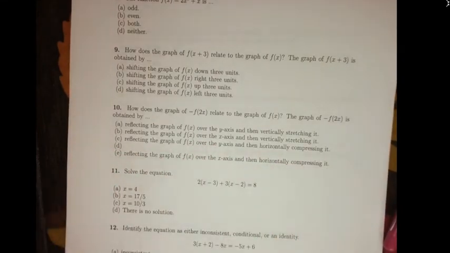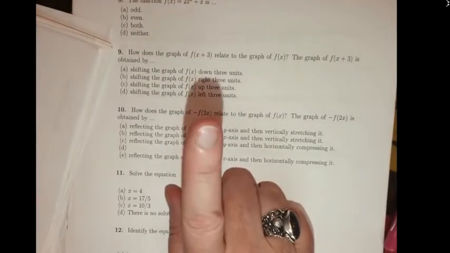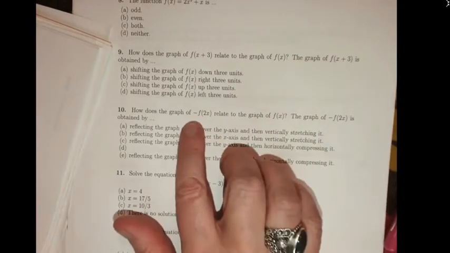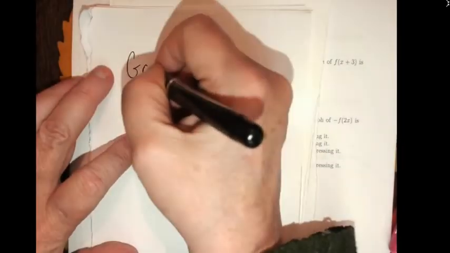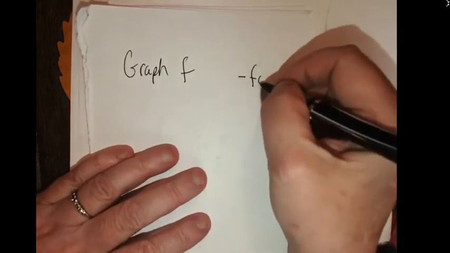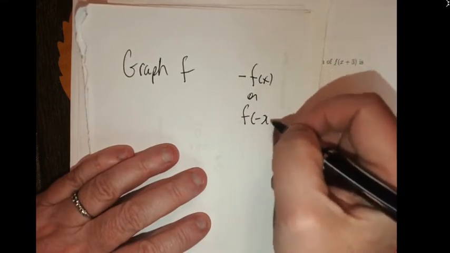Now, on yours, they give you a graph, and only one of these is going to happen. Notice you had 2 here. You will be given a graph of f, and you'll be asked which one is either that one or that one.